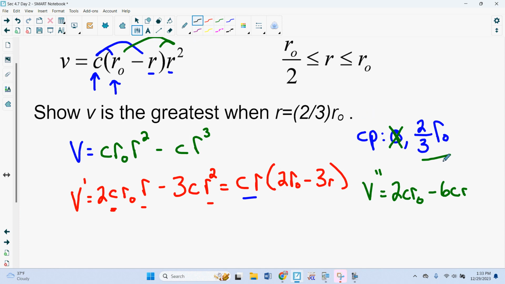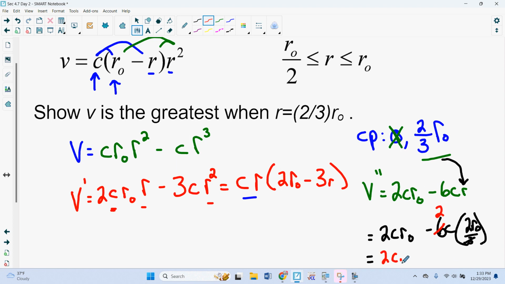You can see now the only variable is right here, so I want to substitute in R right there. So I get 2CR0 minus 6C times 2R0 over 3, which is going to give me, this cancels, let me switch colors. This cancels here and gives me 2.